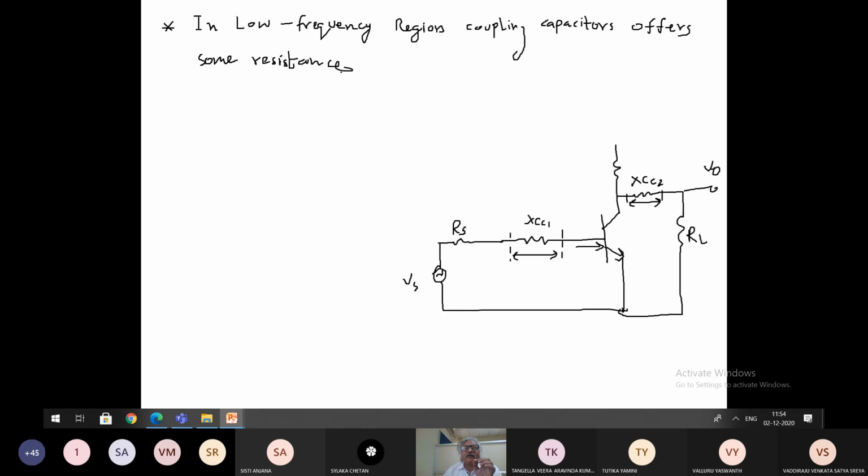The coupling capacitor offers some resistance, and there is a drop of voltage.